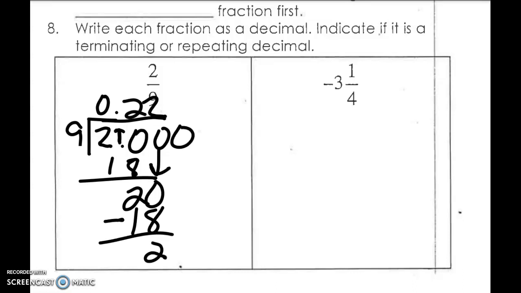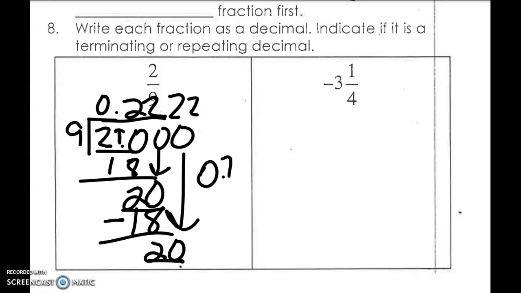We still have another remainder, so we add another 0, drop it down. Oh, we get 20 again. So notice we have a pattern. We get 20, 20, 20. That's your pattern. So you know that no matter how many times you keep doing this, it's just going to be a 2. So that's obviously a repeating decimal, and the proper way to write it would be 0.2 with a bar indicating that it's repeating.